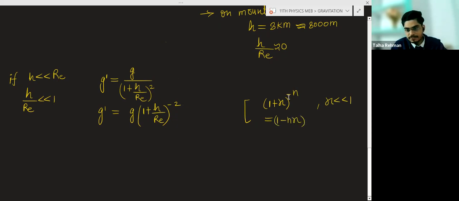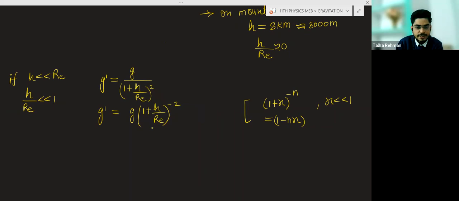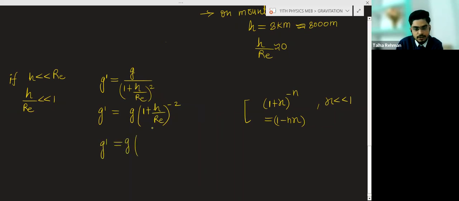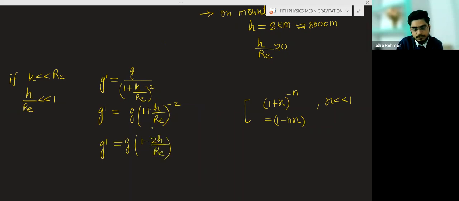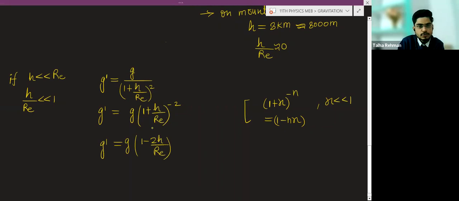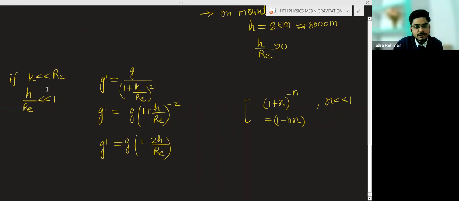Means minus n is multiplied with x, but the condition is that x is much less than 1. Here also this is the condition. So you can write G dash is equal to G times 1 minus 2h divided by RE. This is the formula when this condition is there.